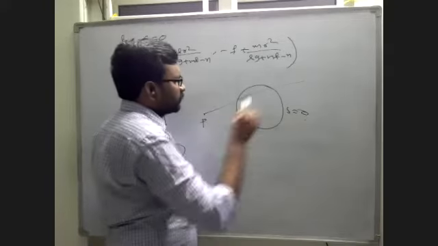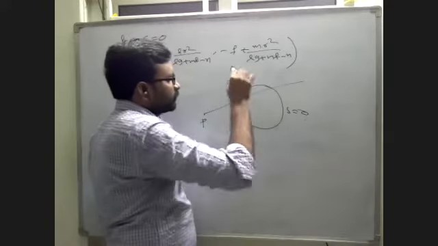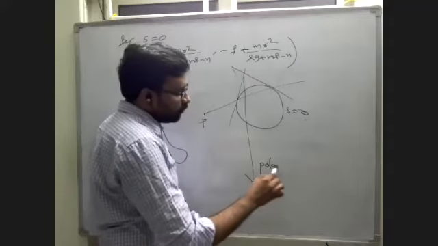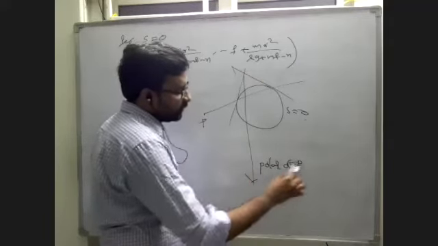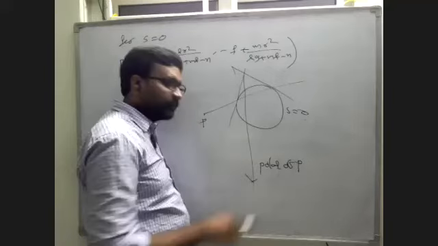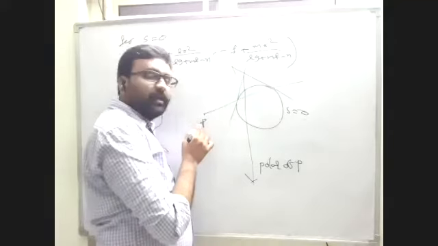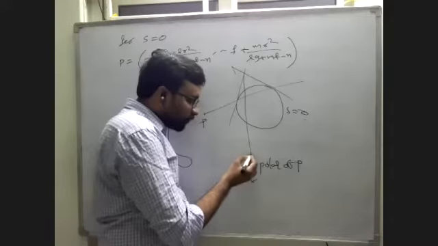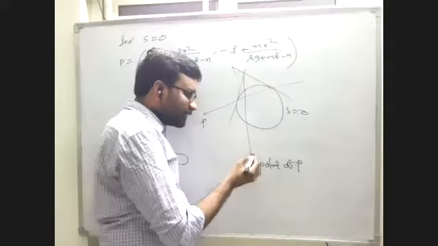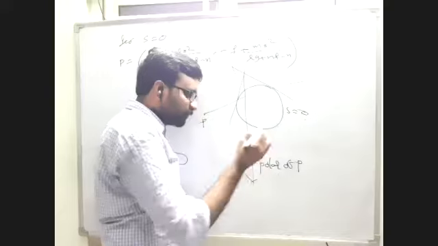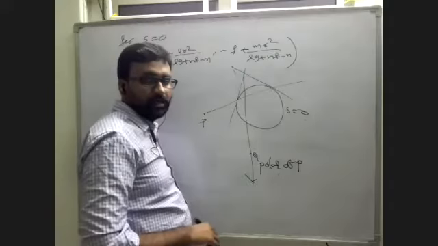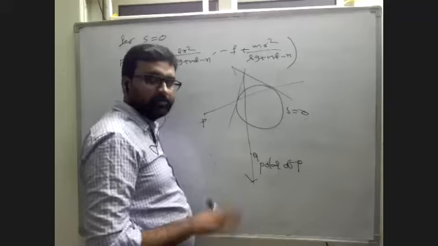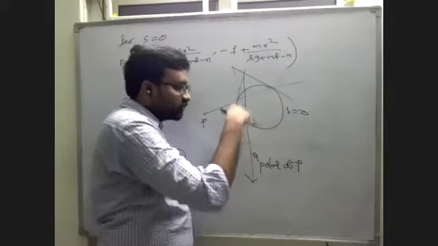Suppose this is the secant, tangent, and this is the polar of P. This P is an external point. I am taking one point Q lying on the polar of P, with respect to this circle.